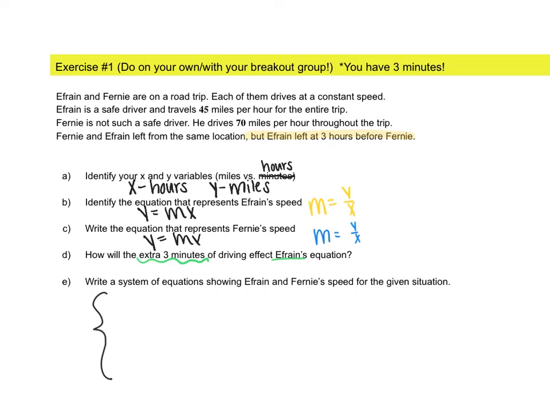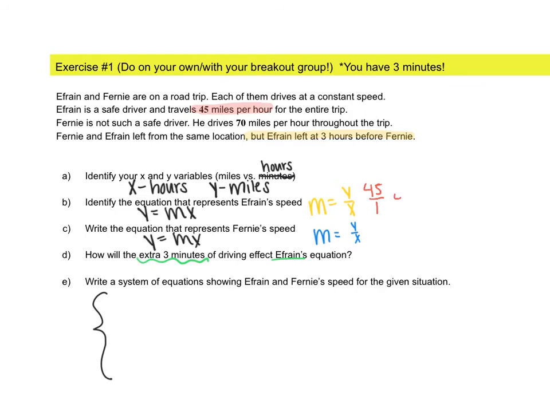And we need to find m to do that. So m is going to be y divided by x, miles divided by minutes. For Efrain, I have 45 miles, miles divided by hours. I have 45 miles per 1 hour, so it's going to be 45 over 1.